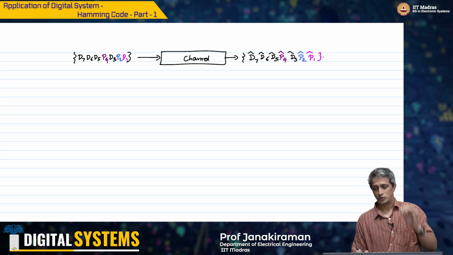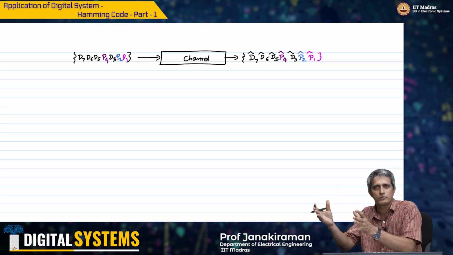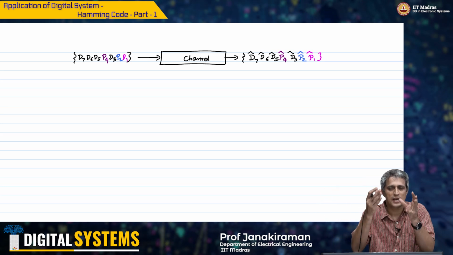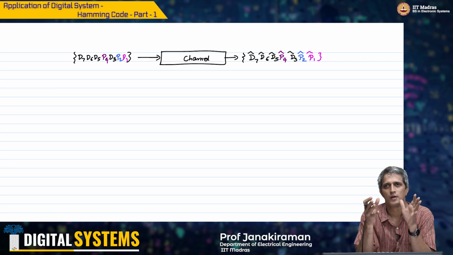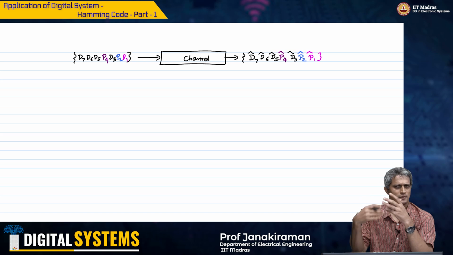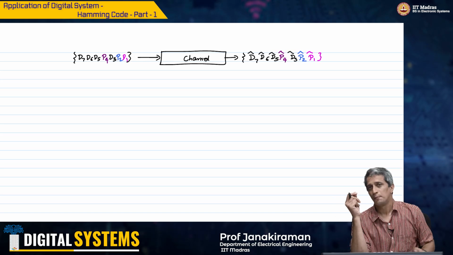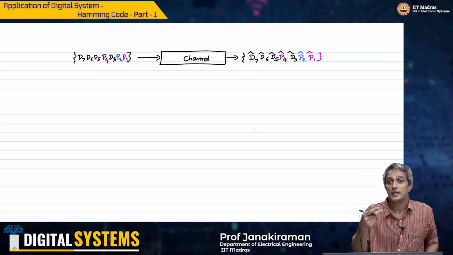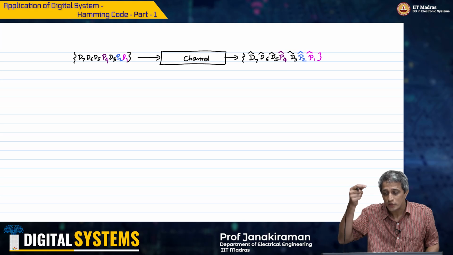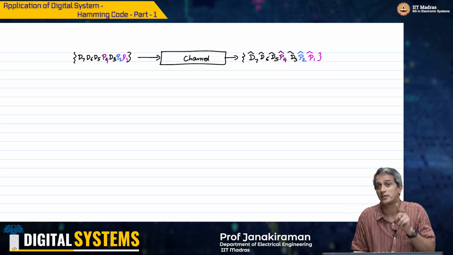Okay. So I have received this 7 bits of information, 4 plus 3, as some other bit pattern. But I can now calculate the parity P4, P2, P1 again based on what has been received.